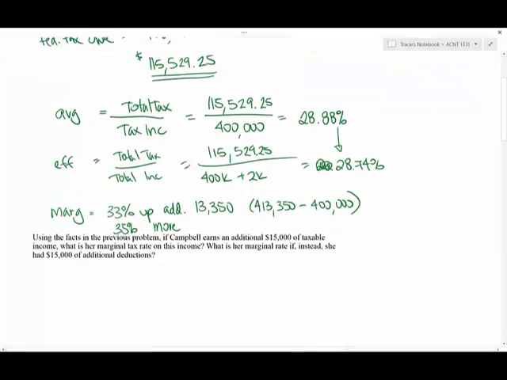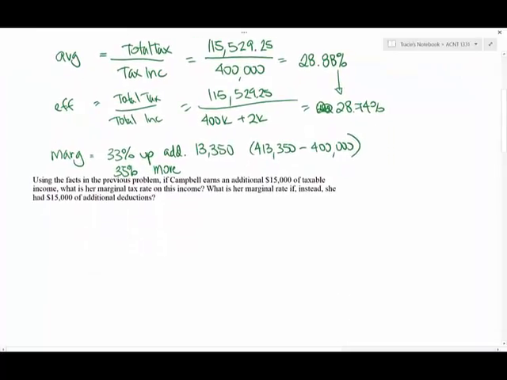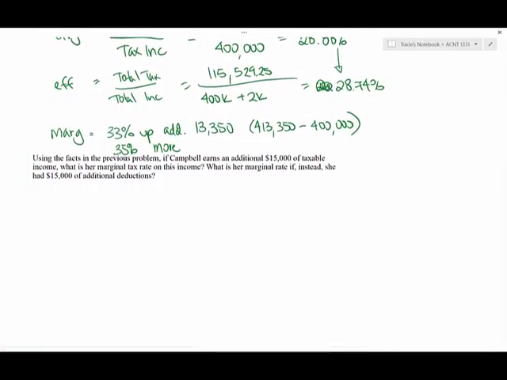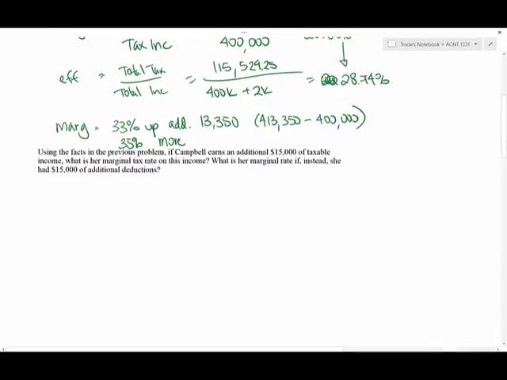Okay, so let's look at a different way that we can look at the marginal tax bracket. It says, if Campbell earns an additional $15,000 of taxable income, what is her marginal tax rate on this income? And what is her marginal rate if instead she had $15,000 of additional deductions instead of taxable amount? Okay, so we'll take each scenario first.